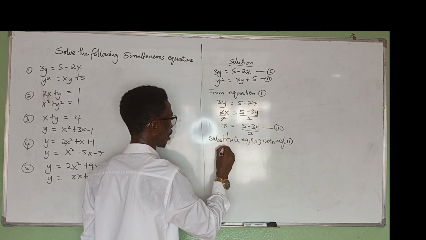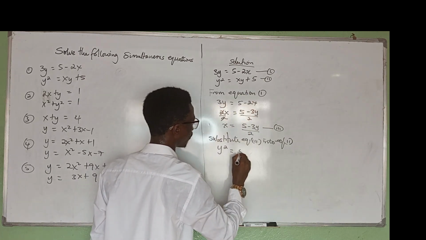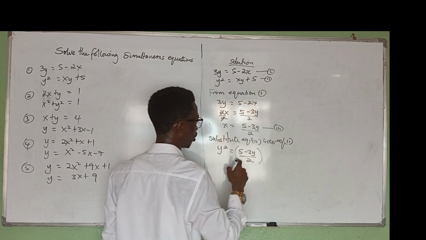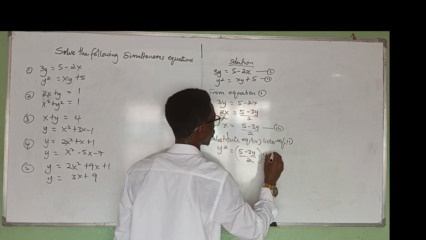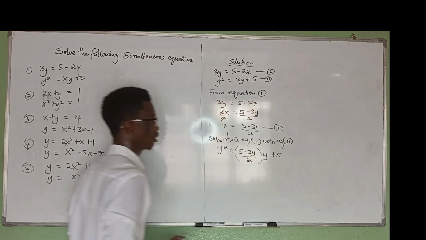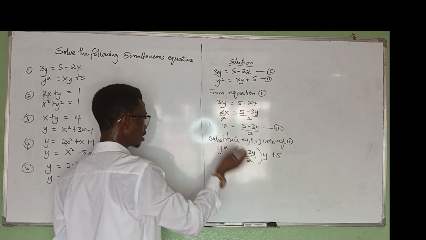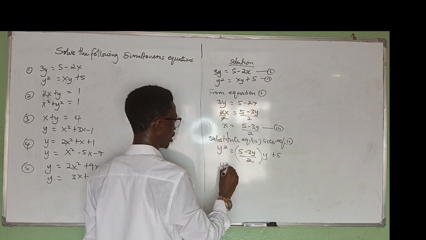Equation 2 says y squared equals to, so instead of x, we are writing 5 minus 3y all divided by 2, this is just x times y, plus 5.